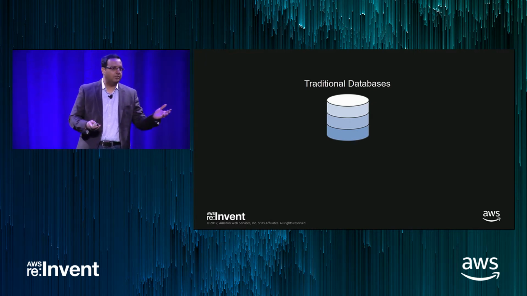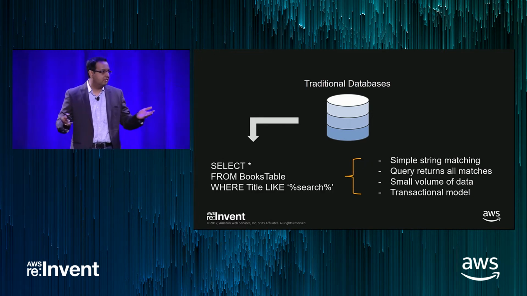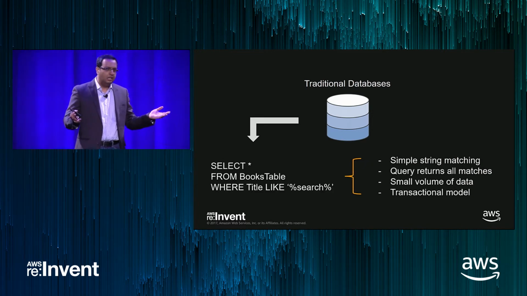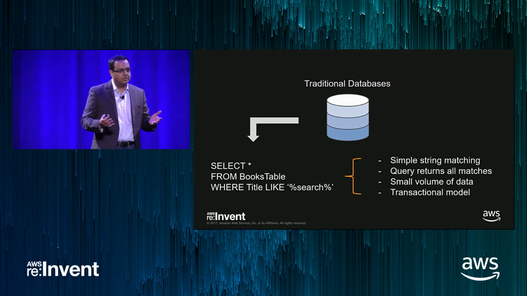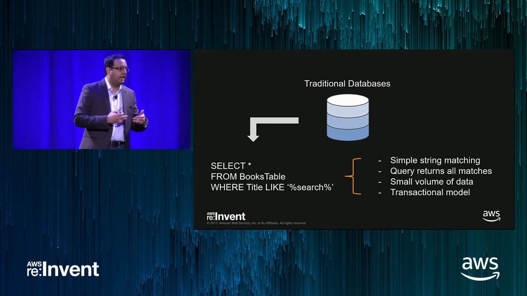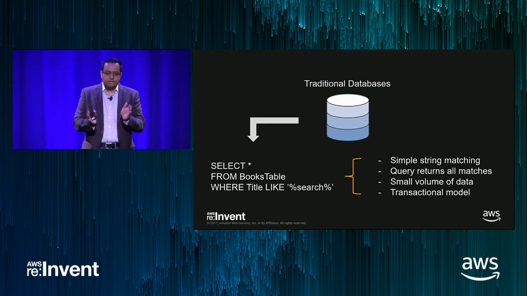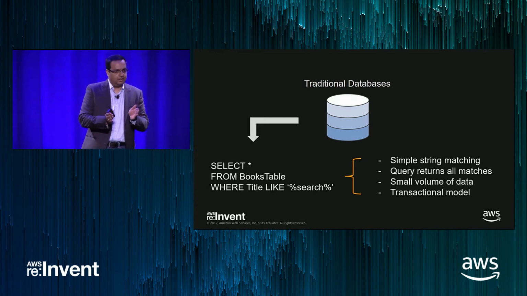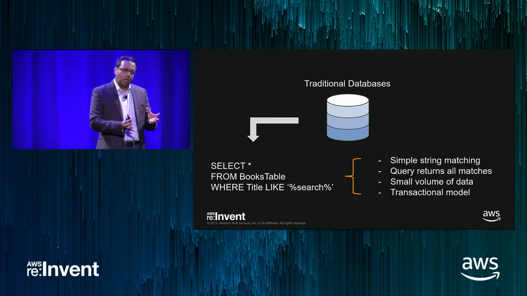At that time, if you had to do a search, it would be a select star from where, like, query. If you had to try out different permutations of your search term, you would have to add it to your select clause and try out queries. So it would return to you a fixed set of results that match exactly your terms. It operated on a smaller data volume.